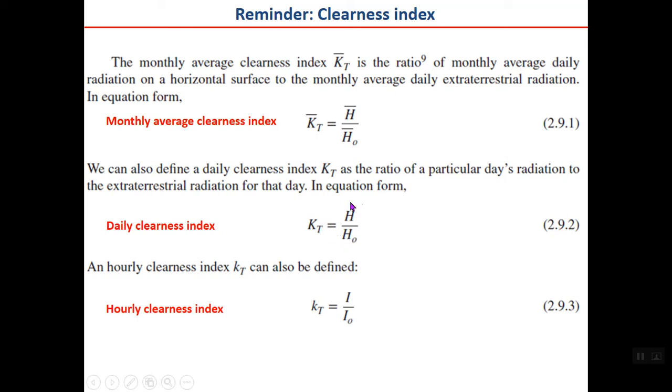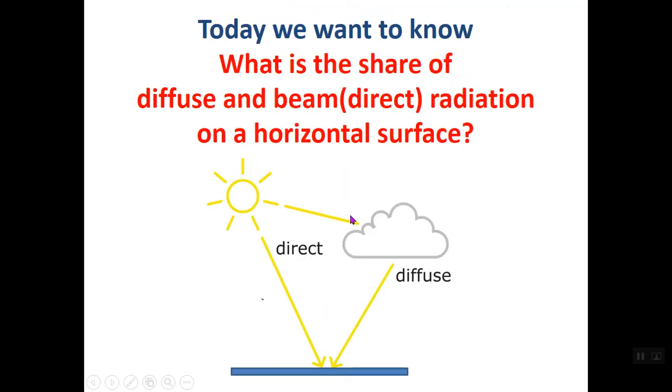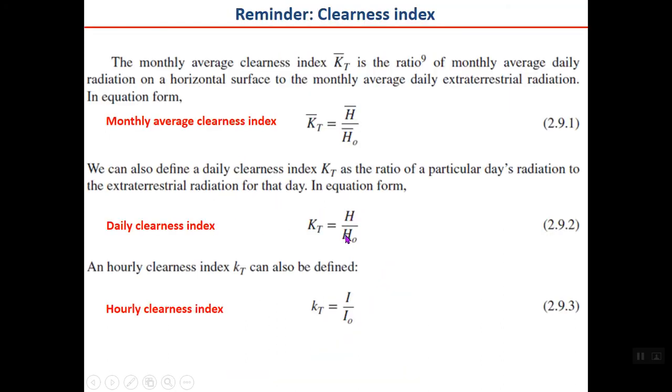So this is for a day. If you remember, H is the radiation from sunrise to sunset, and the numerator is the solar radiation on the Earth, and the denominator is the solar radiation at the top of the atmosphere.